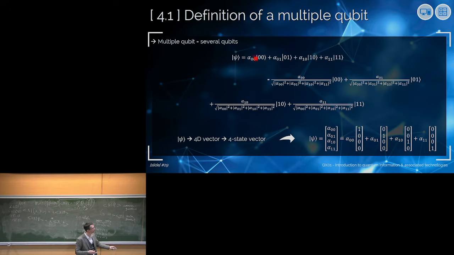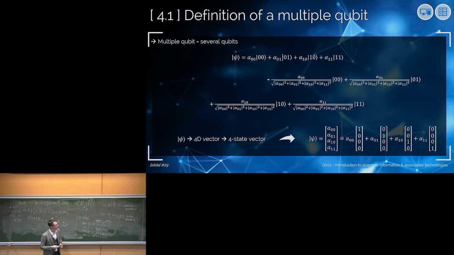So I can now define 4 coefficients. I call them alpha 0,0, alpha 0,1, alpha 1,0, and alpha 1,1. Again, this is the equivalent of alpha and beta, and these 4 coefficients are complex numbers.